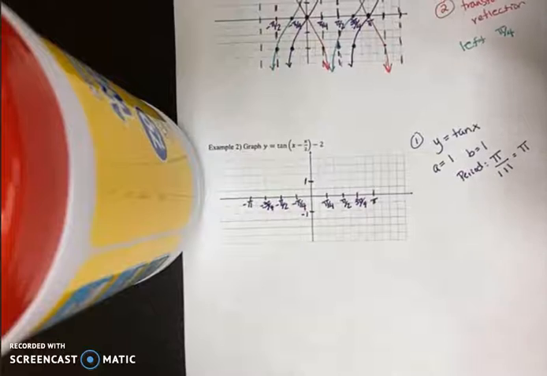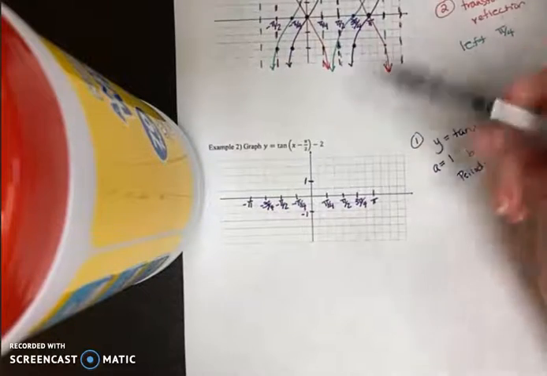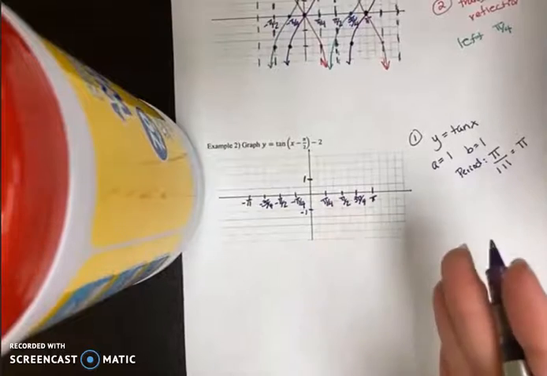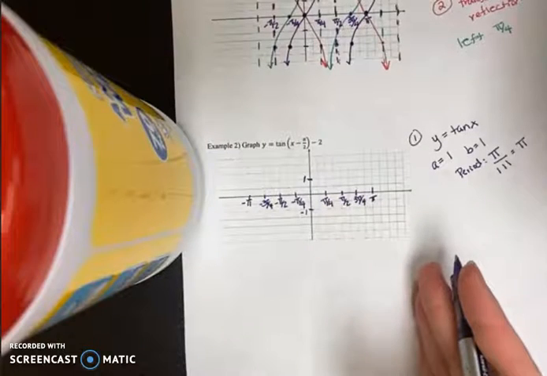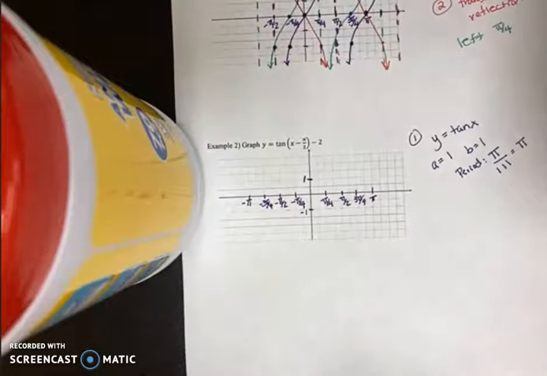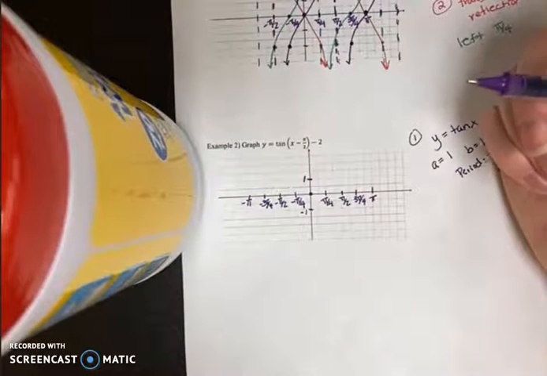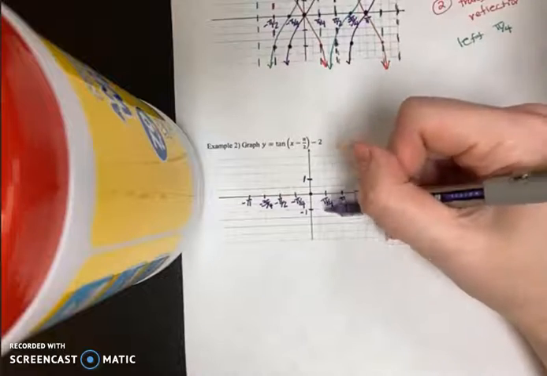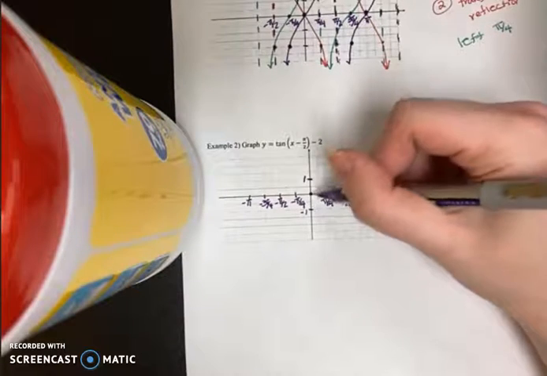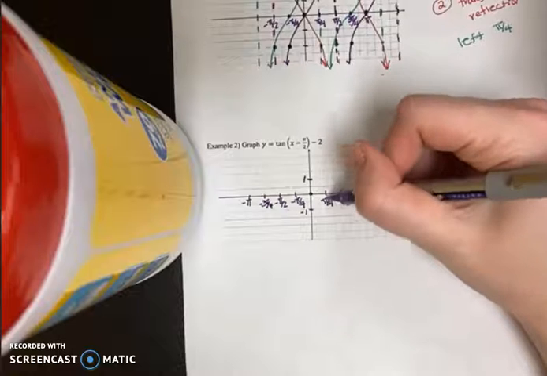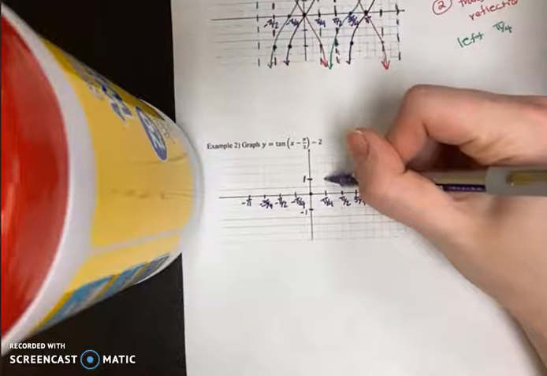Now, the period is pi, but the pattern is asymptote, coordinate, x-intercept, coordinate, asymptote. I like to draw my first cycle as the cycle that passes through the origin. That just makes it easier for me. So that means the right-hand side will go up whatever A is, so I'm going to go up 1 unit.